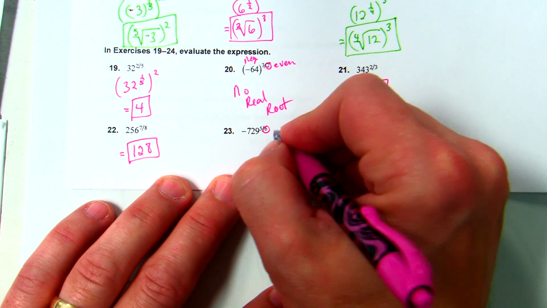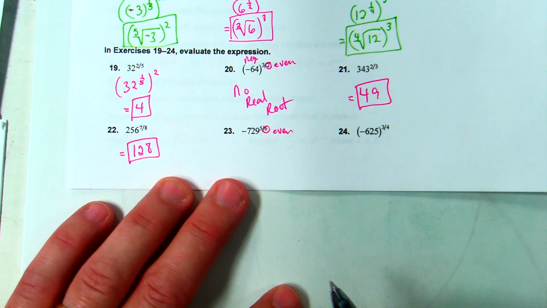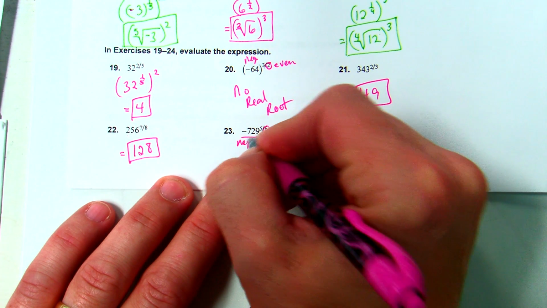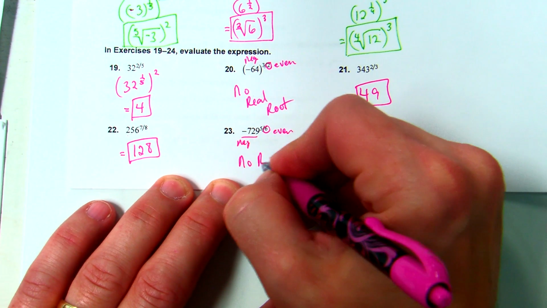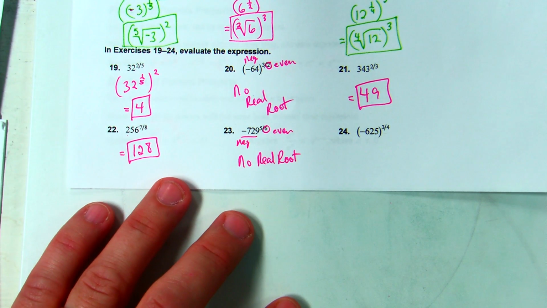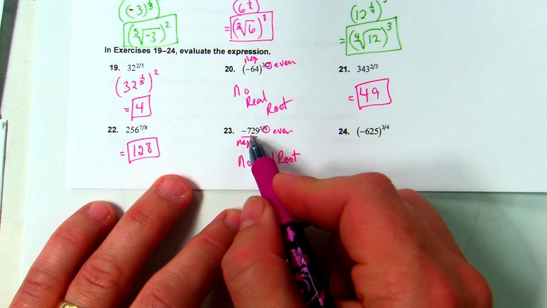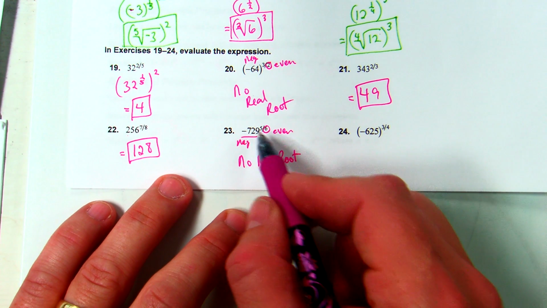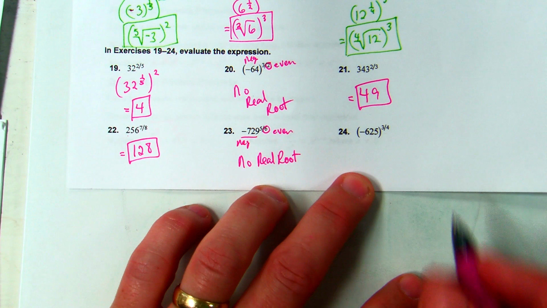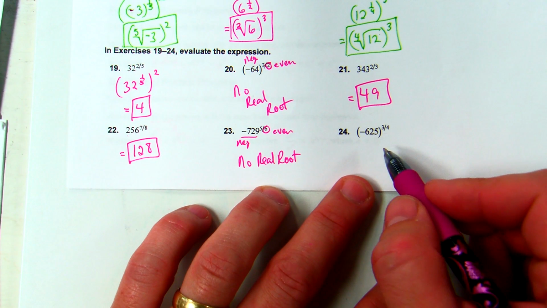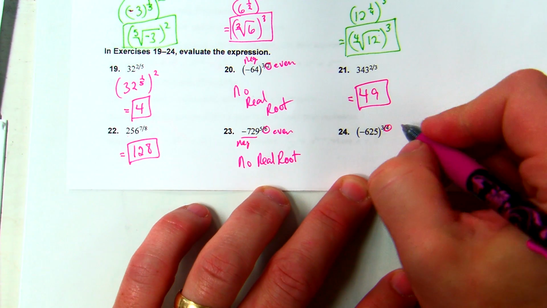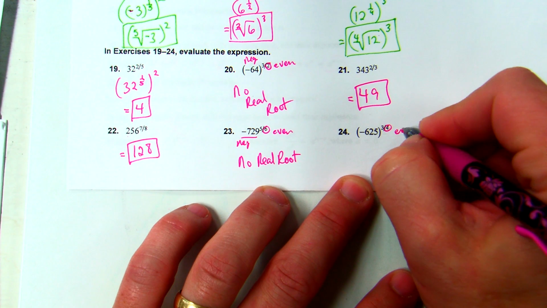Again, we've got an even index for a radical. And again, we have a negative. So this is going to have no real root, because I can't get to a negative number with an even index. Okay? Negative 625 raised to the 3/4. Again, this is an even number.